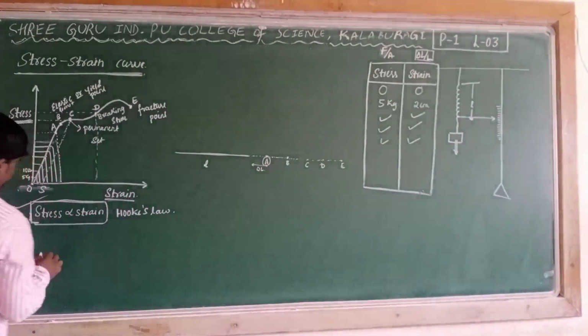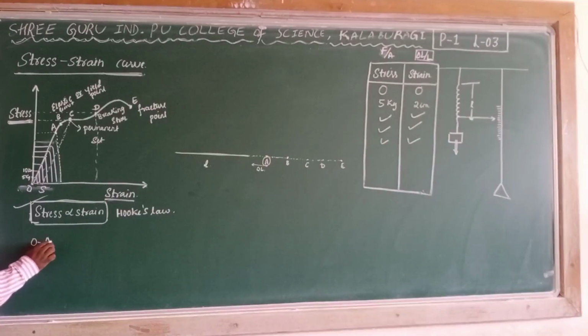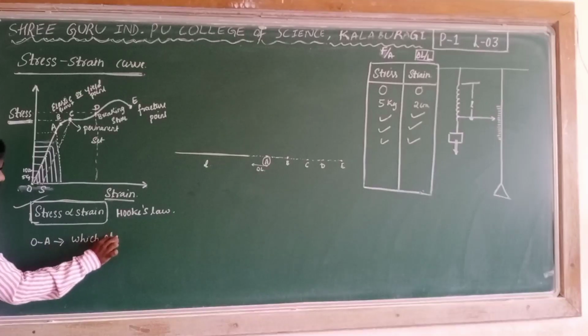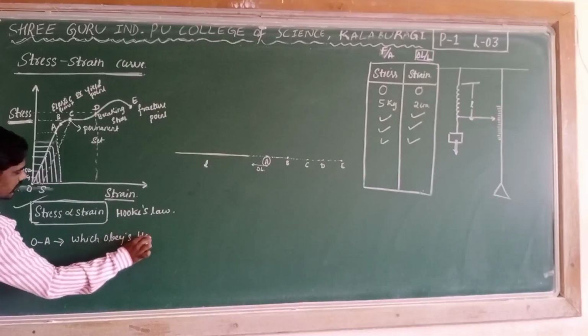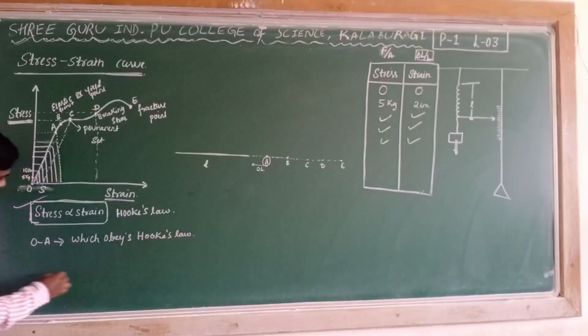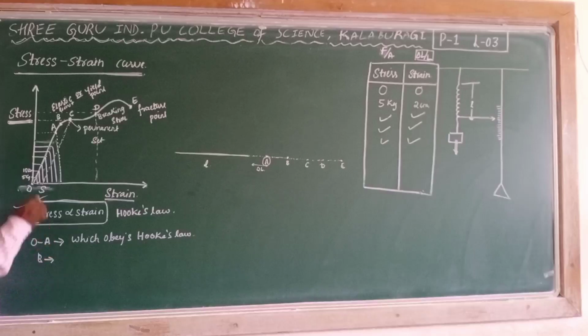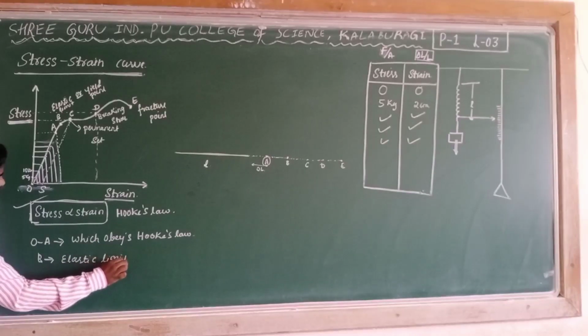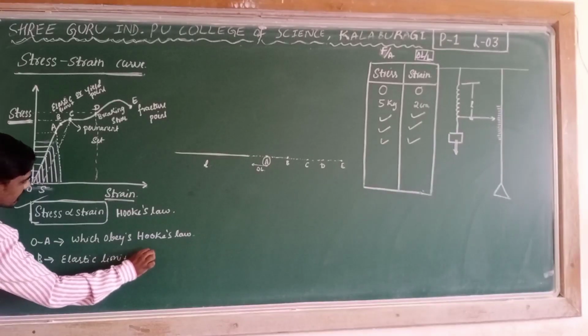Here, from O to A, the region obeys Hooke's law, and point B is called the elastic limit, or yield point.